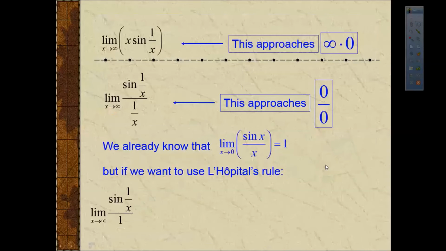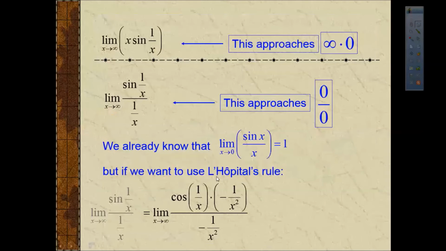Using L'Hopital's rule, the derivative of the numerator is cosine of 1 over x times, and here's the chain rule, the derivative of 1 over x, negative 1 over x squared. In the denominator, I've written the derivative of 1 over x, negative 1 over x squared. Now I can see that we can do some simplifying. These will cancel, leaving us with the limit as x approaches infinity of cosine 1 over x. Can we do a direct substitution?